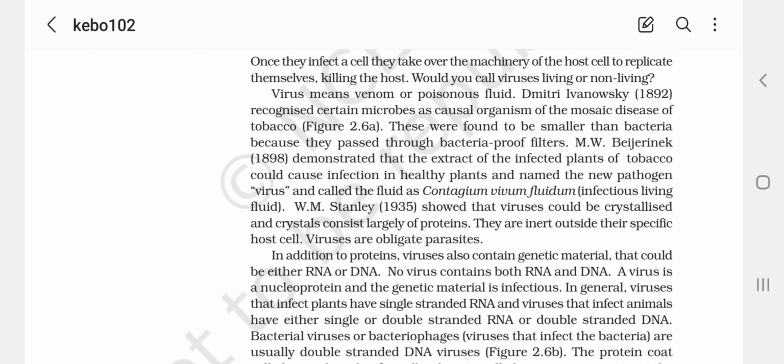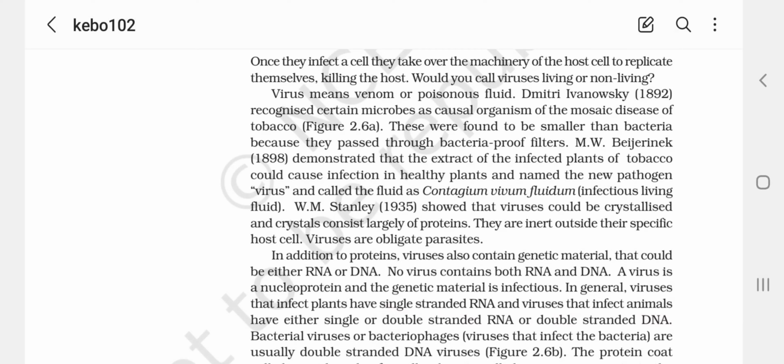Virus means venom or poisonous fluid. Dmitry Ivanovsky, 1892, recognized certain microbes as causal organisms of the mosaic disease of tobacco. Figure 2.6a. These were found to be smaller than bacteria because they passed through bacteria-proof filters.